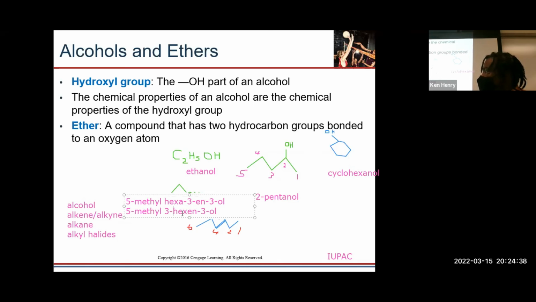This 3 refers to the ene, where that ene is at, and this tells me where the alcohol is at. Since you have both items in the main structure, it's easier to see it this way. Questions? Concerns? Okay, good.